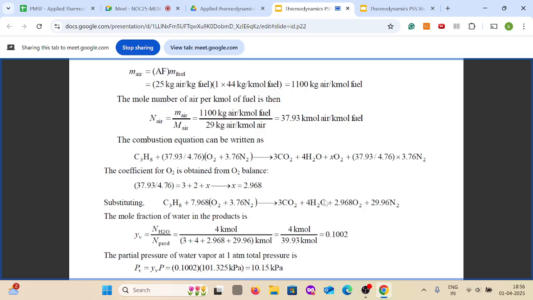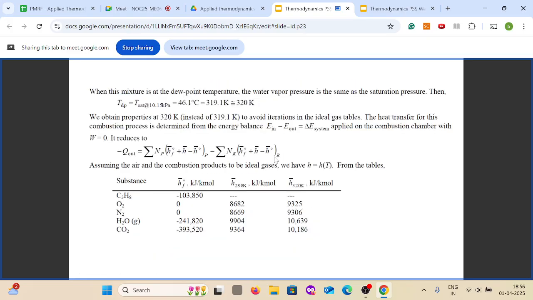Similarly, number of moles of water into enthalpy formation of water plus delta H of water, that is enthalpy at your product temperature minus enthalpy at 25 degrees Celsius or 298 Kelvin, and then enthalpy change, number of moles of oxygen into delta H of oxygen, and similarly number of moles of nitrogen into delta H of nitrogen, minus your enthalpy formation of propane into number of moles of propane, that is 1.